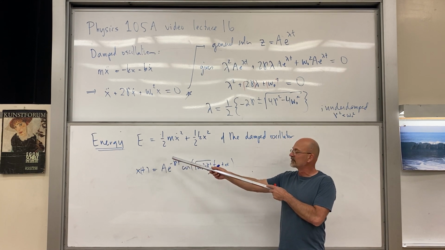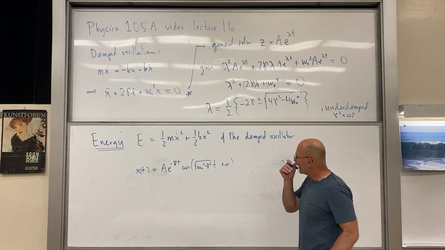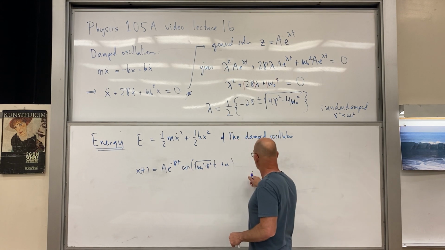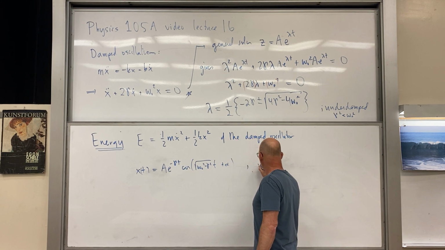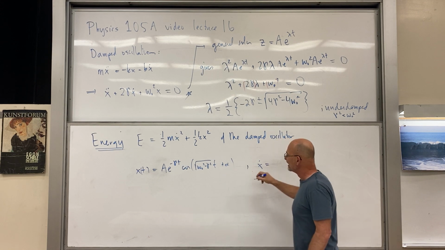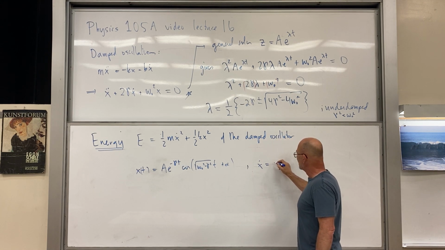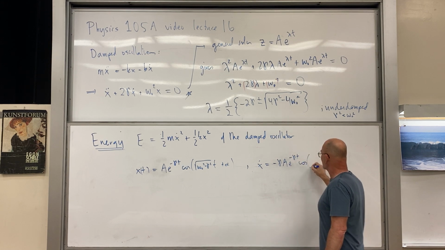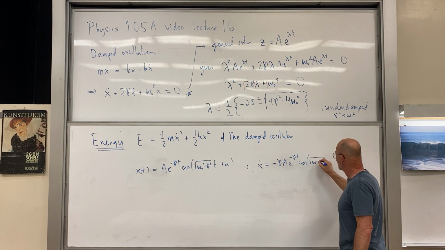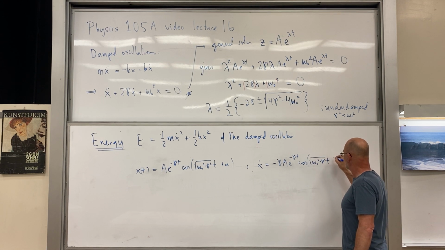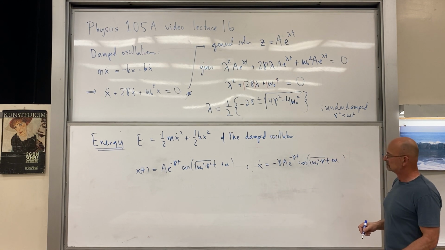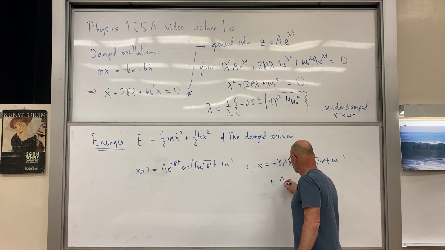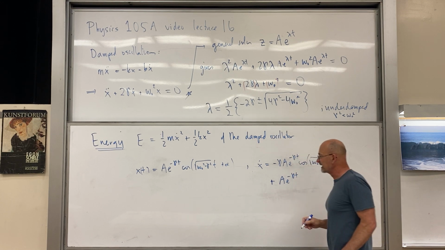So we want the energy of this thing, and it's no longer going to be constant. If we take these derivatives, the expression is going to get a little bit messy, right? We have a product rule here. So I'll just take the first derivative. Our x dot is equal to minus gamma a e to the minus gamma t cosine of the argument, plus, with the product rule, a e to the minus gamma t.